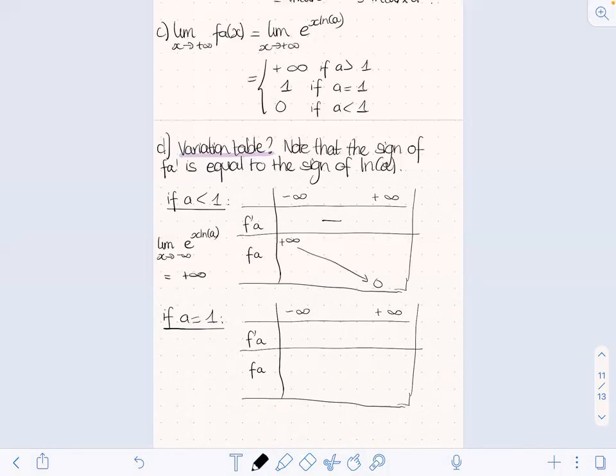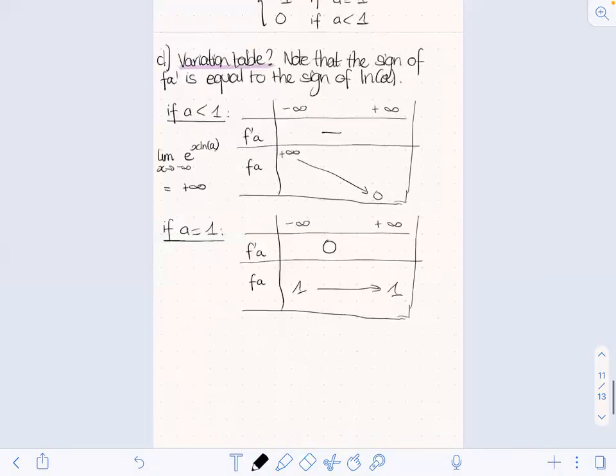It is equal to 0. The derivative is equal to 0. Yes. And the function? Is equal to 1. Yeah, absolutely. So it's equal to 1, and so the limits in particular are equal to 1. So the second case is easy to draw. And then the third case is the case where a is greater than 1.